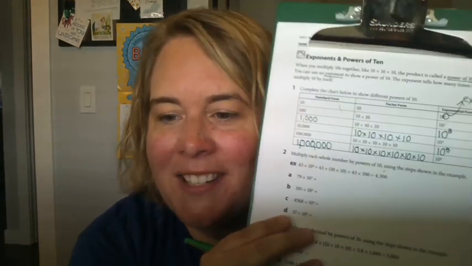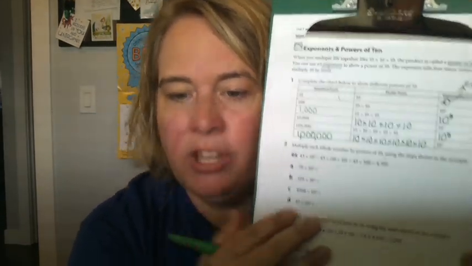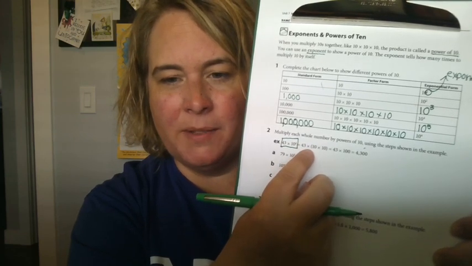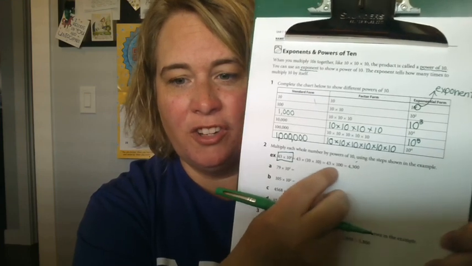All right, so now you're going to be multiplying each of these by powers of 10. Okay, so you will have an original problem like 43 times 10 to the second power. Here's your factor form here: 43 times 10 times 10. Then you're going to show your standard form.